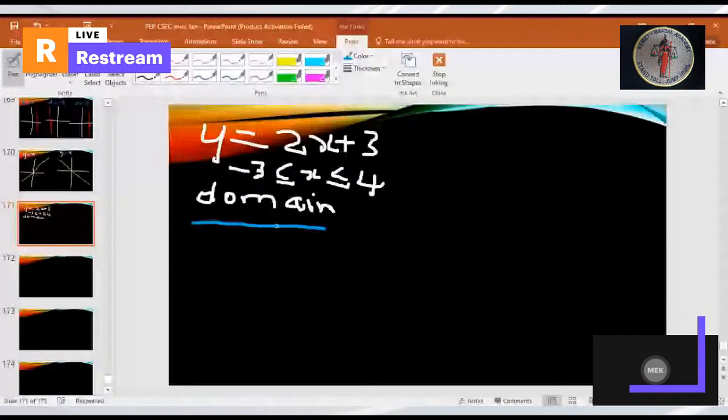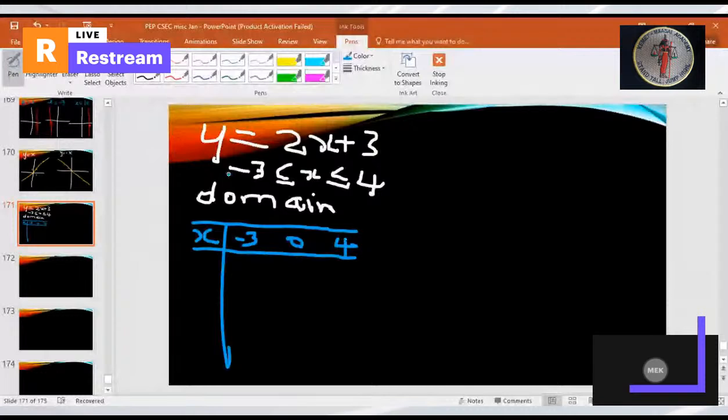All right. So x values: -3, 0, 4. So -3, stop at 4, and we put 0 in. Now we're going to put our function 2x plus 3.